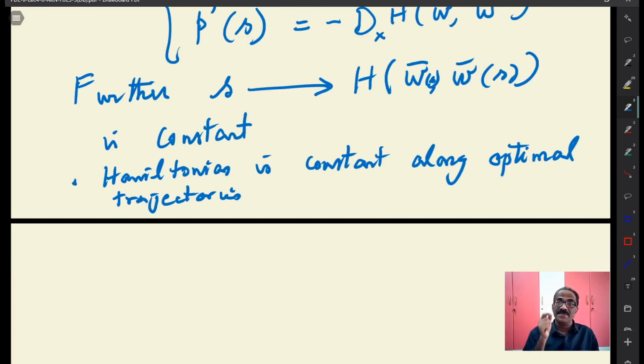In classical mechanics, H is the total energy, and it shows that along the characteristic curves the total energy is constant. In other words, the characteristic curves are nothing but the constant energy curves. So you get that kind of interpretation when you finally end up with your Hamiltonian.